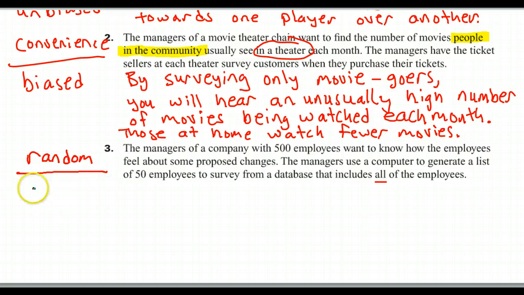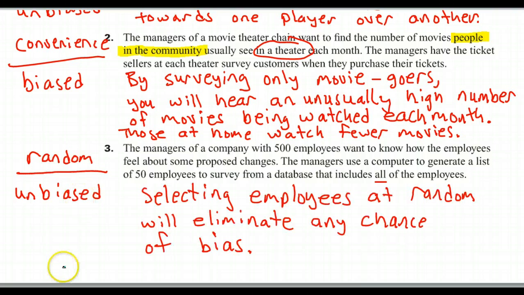And that will be unbiased. That is the most unbiased way that you can go. When it's random, it's pretty straightforward, because selecting employees at random will definitely eliminate any chance of bias.